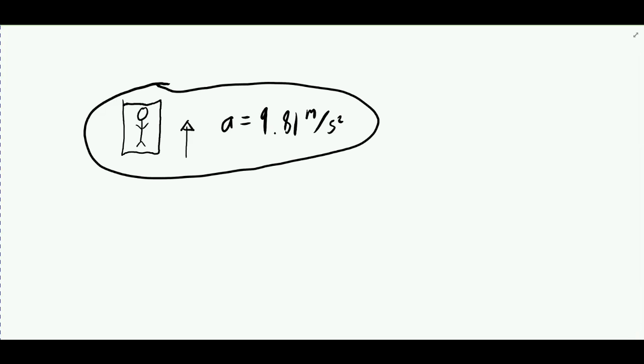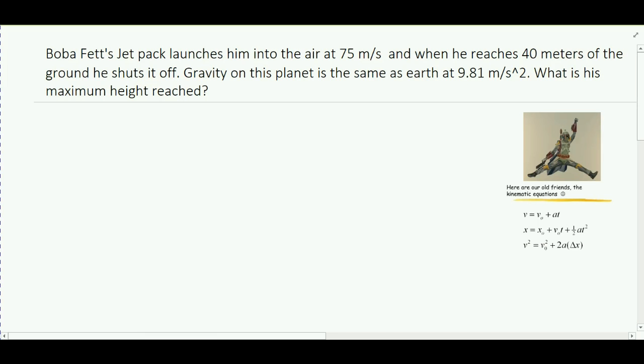Okay, now let's jump into some problems. Let's jump into a problem real quick. We got Boba Fett jumping into the equation here. Boba Fett's jetpack launches him into the air at a velocity. This is a velocity, important information, of 75 meters per second.